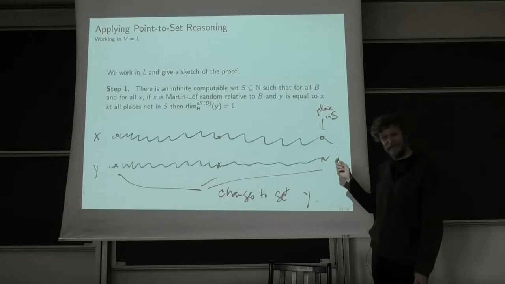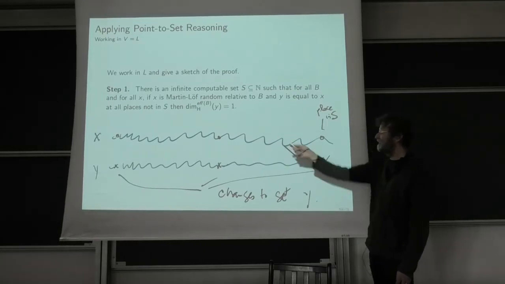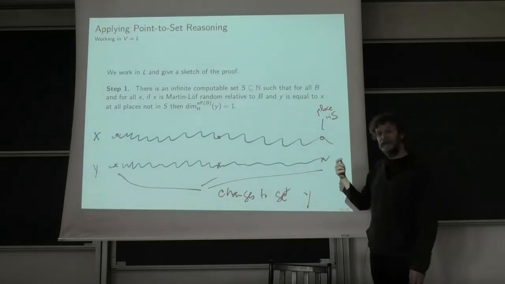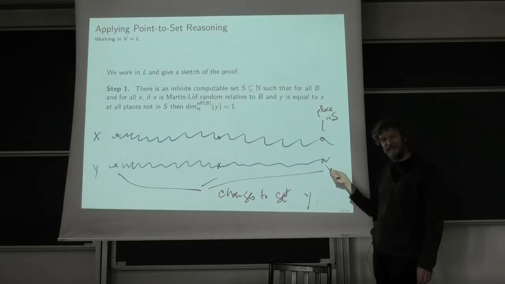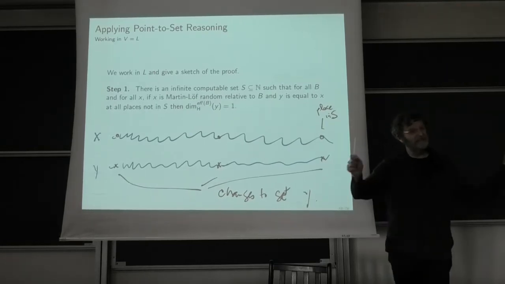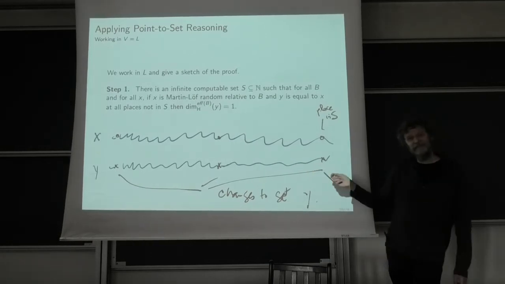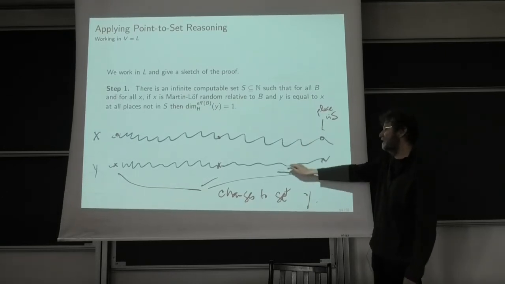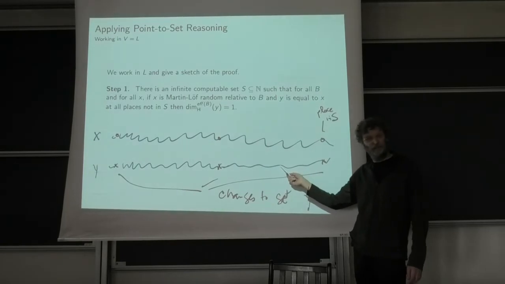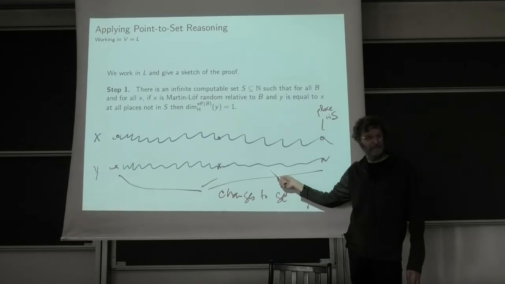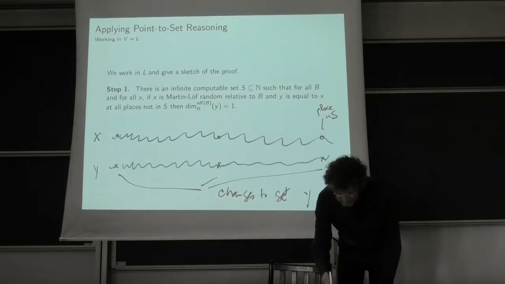Now if you've made this S a very thin set, then in the limit, the number of points below L that belong to S, written as a fraction of L, you can send to 0 by making S very sparse. So you don't change the dimension. This point is going to have effective dimension 1. This is random relative to X. This has effective dimension 1 relative to X. Good, so that's step 1.